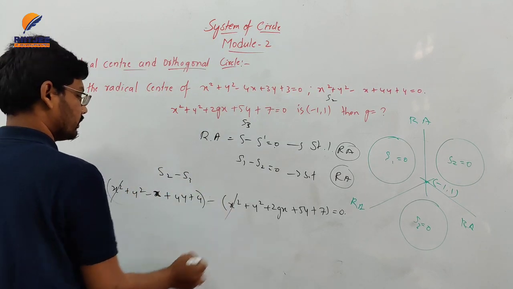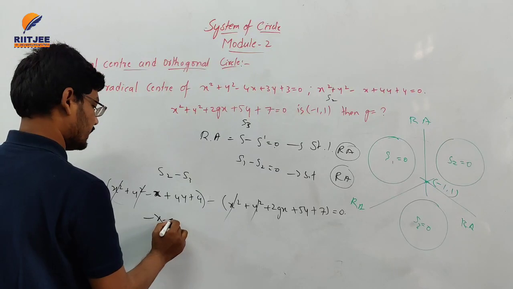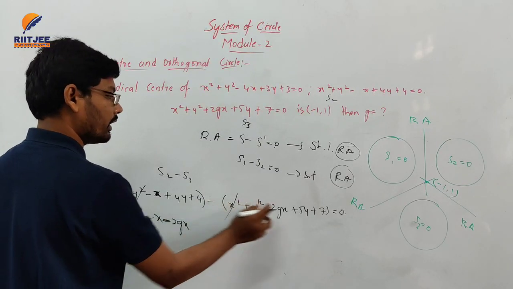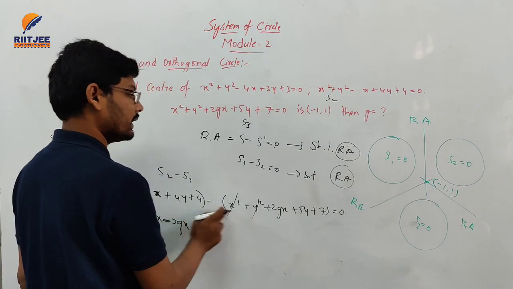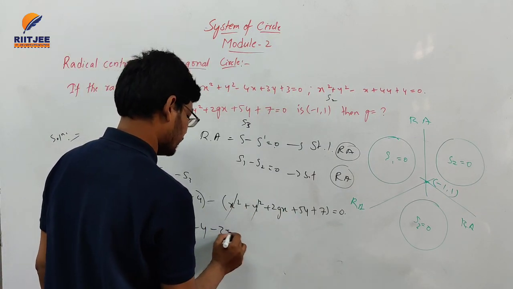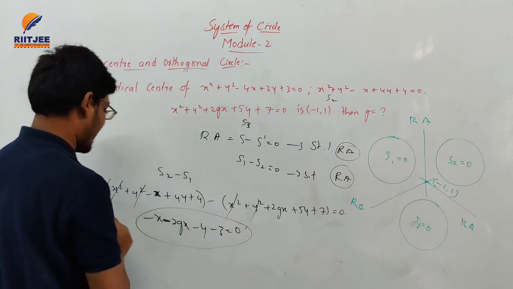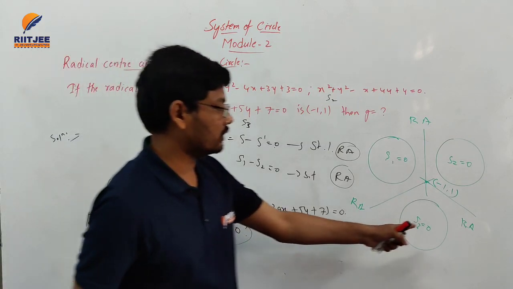X square cancels, y square cancels, minus x minus 2gx, and 4y minus y is 3y, and 4 minus 7 is minus 3. Here, this is the radical axis of these two circles.